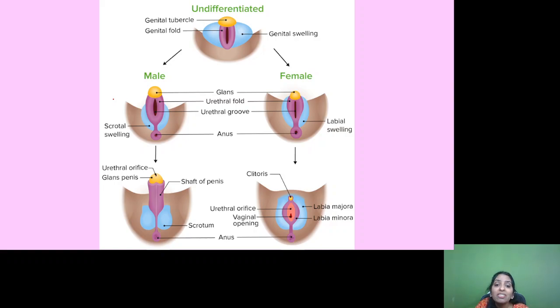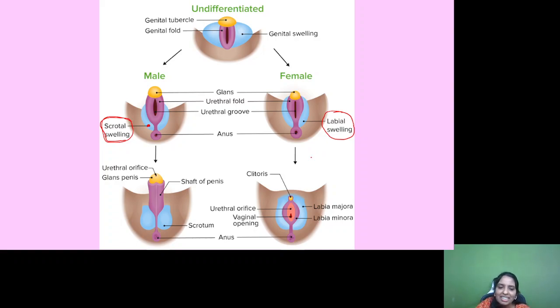First, we learned regarding the labia majora. See here, just to remember only. In male, the urogenital sinus divides and forms the scrotal swelling. And in female, it develops into the labia majora, the labial swelling.